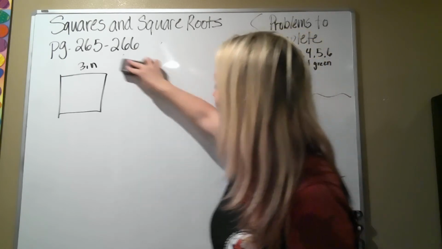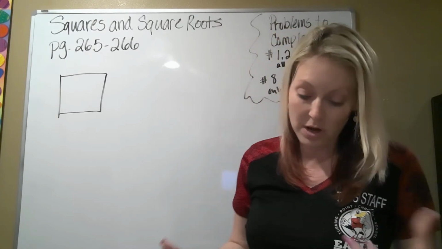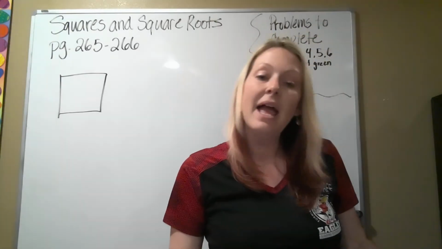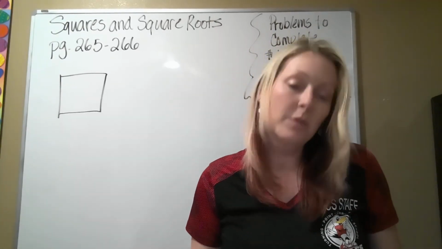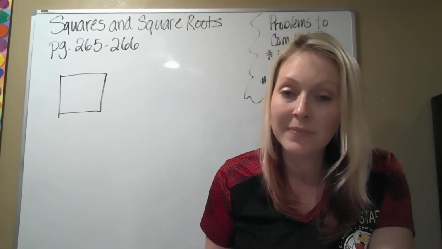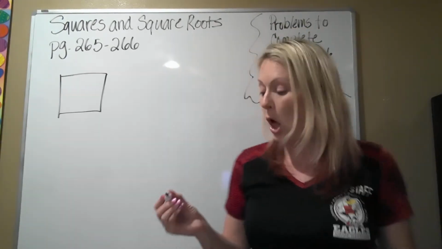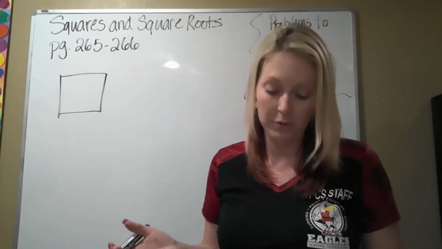Now, the opposite of trying to find out the area is called square root. This is where you see this funky little almost division type looking thing.